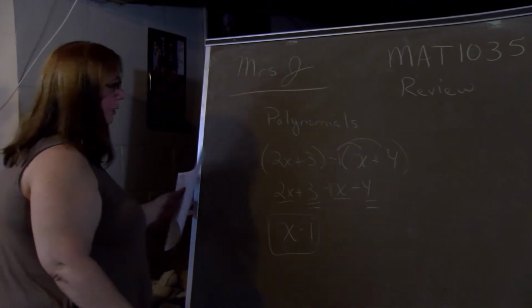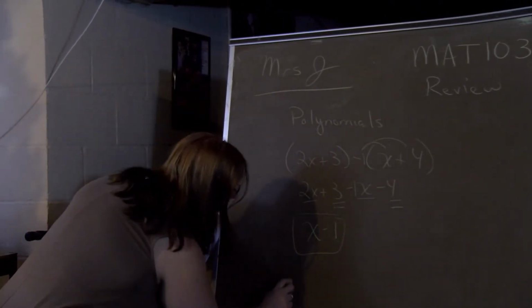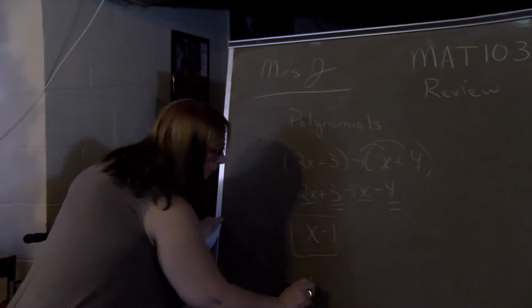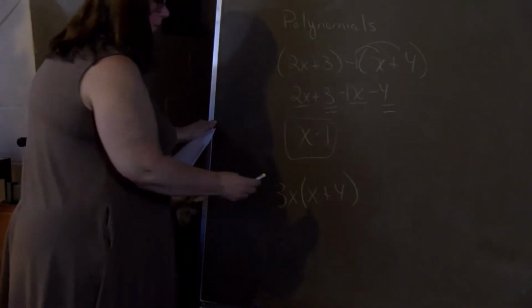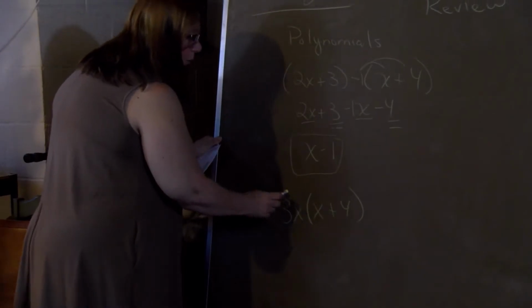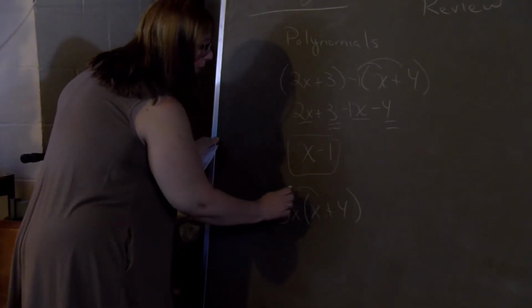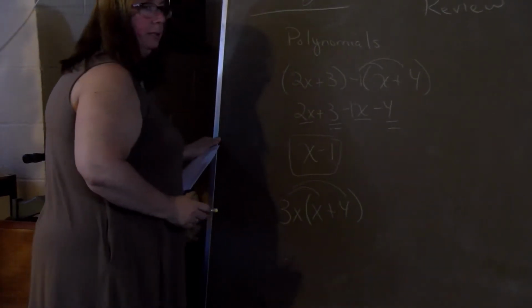Distributing, kind of like we did with the -1, you take the whole term in front and multiply it times each term inside the parentheses.